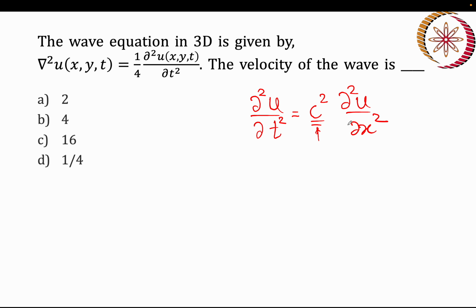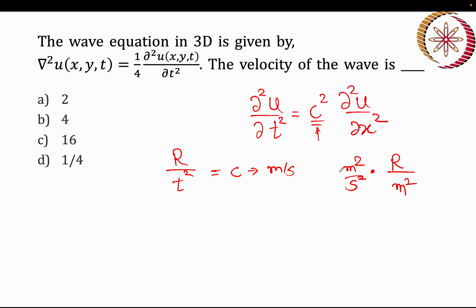So C will have units of meter per second, and if we multiply this side, it will be meter square per second, and then the right hand side will have, let's say u has some random units, times x square. So x square will have meter square, and the term on the left hand side will also have a random unit divided by time square.